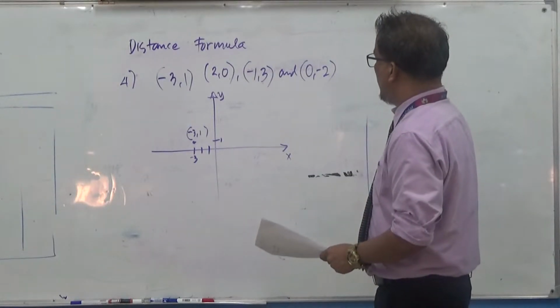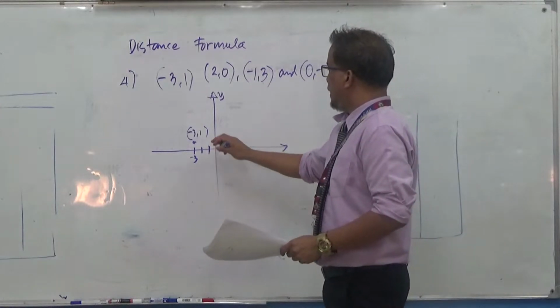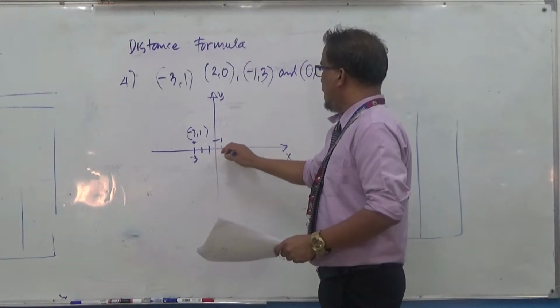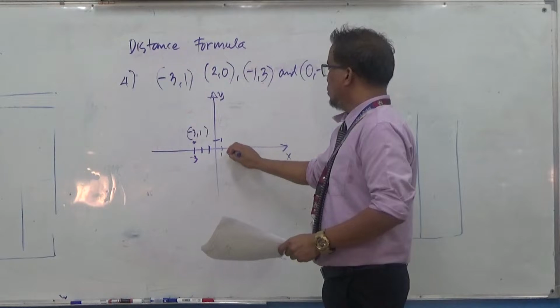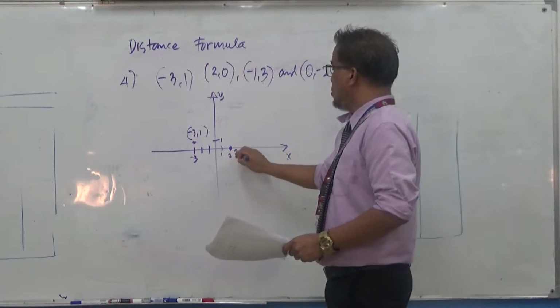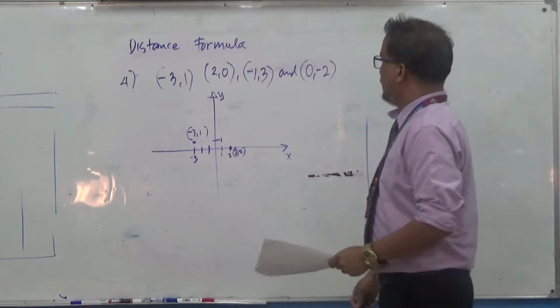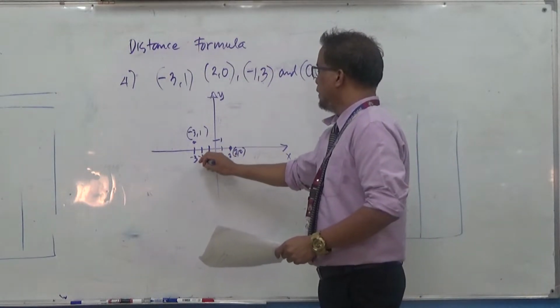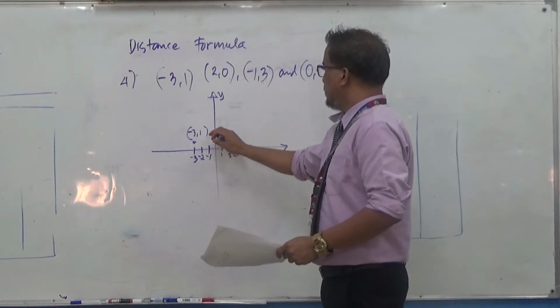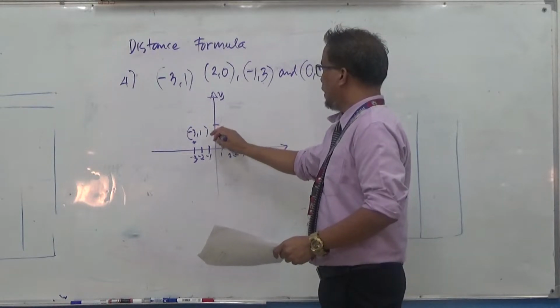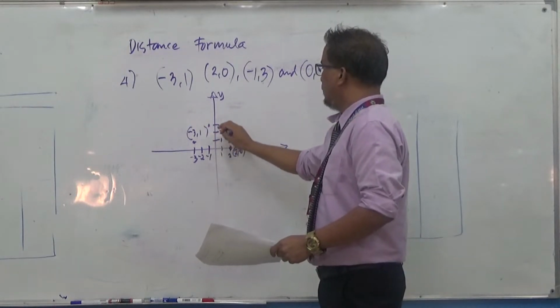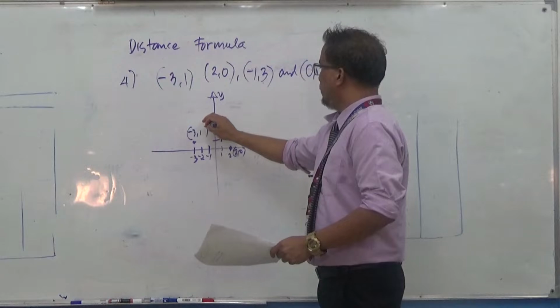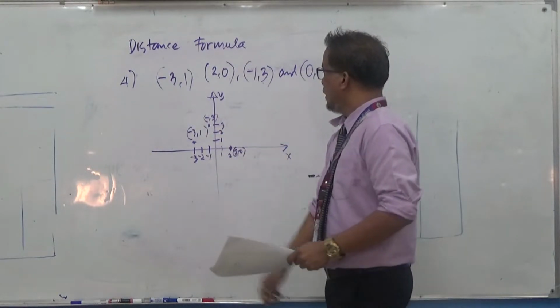The next, (2, 0). So (2, 0) is here. And then for (-1, 3), this is negative 1, then positive 3 will be here. So we have (-1, 3).